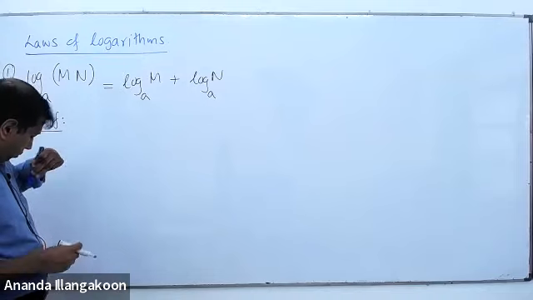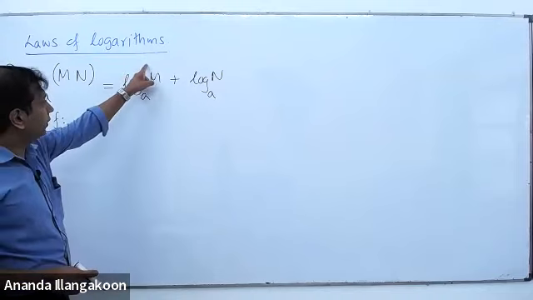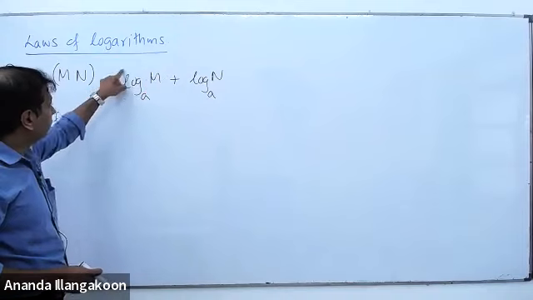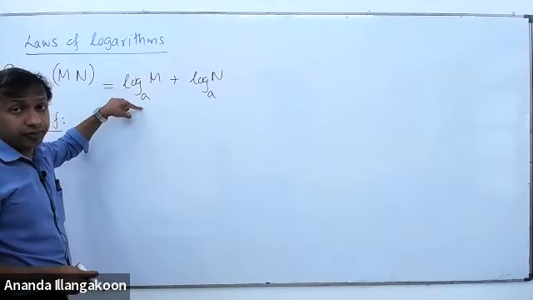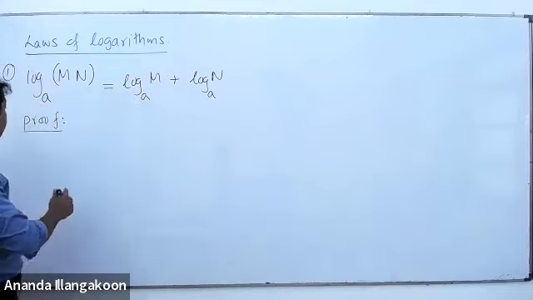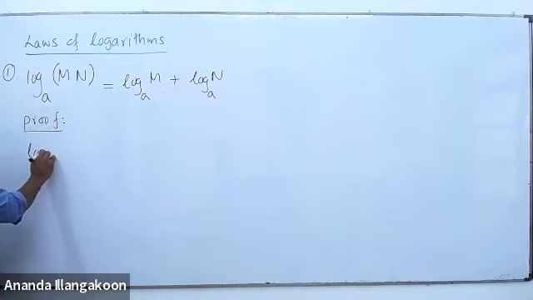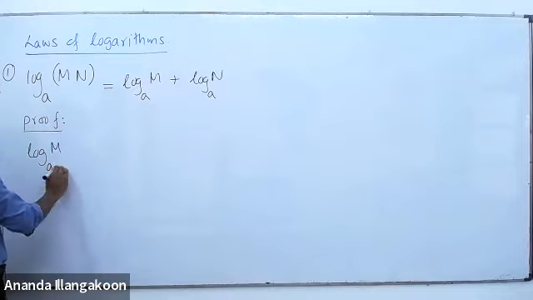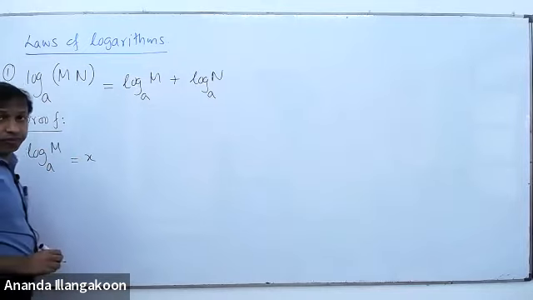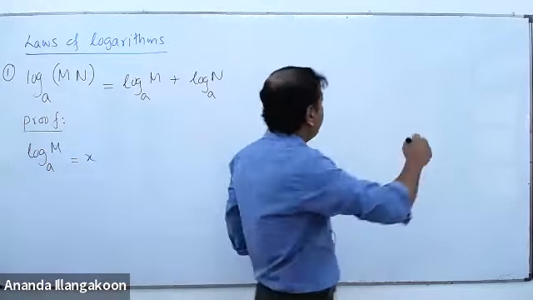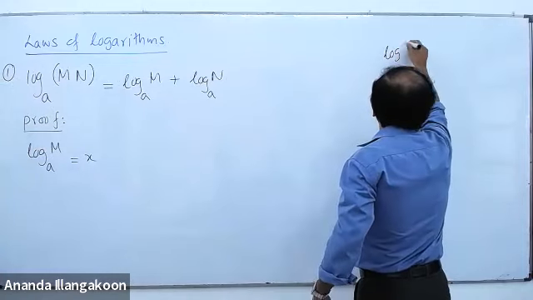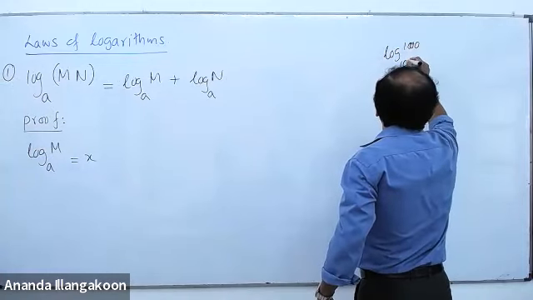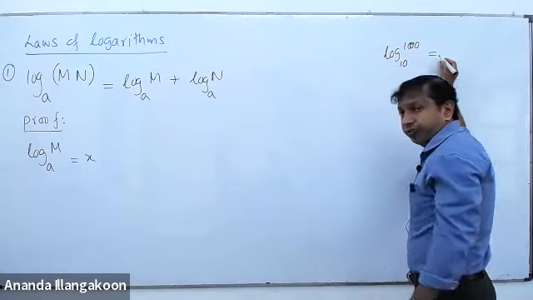Now, when you take this term, it has finally an answer, no? I am going to take this logarithm of m to the base a, and its answer is x. For instance, suppose we have the logarithm of 1000 to the base 10. You know this answer is 3.